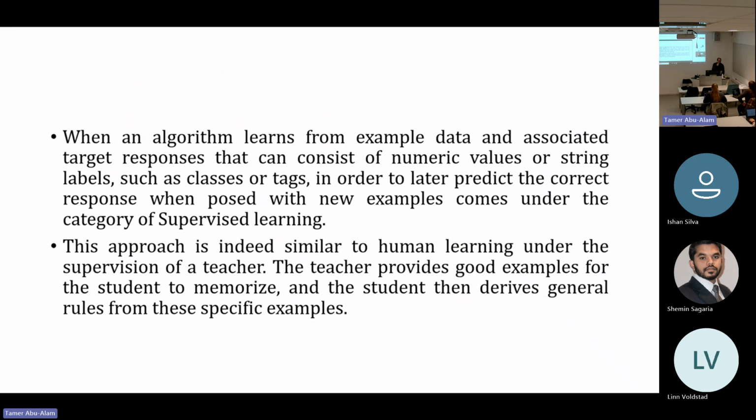So if you look at, for example, home learning and learning in a class, normally in any class you have in university, when you are in class with a teacher, the teacher sometimes challenges you with some questions, but by the end he supervises you, like he tells you, okay, the answer to this question is like this.